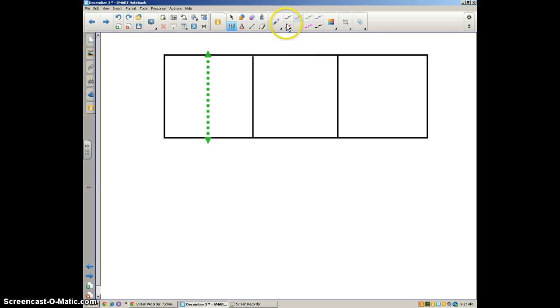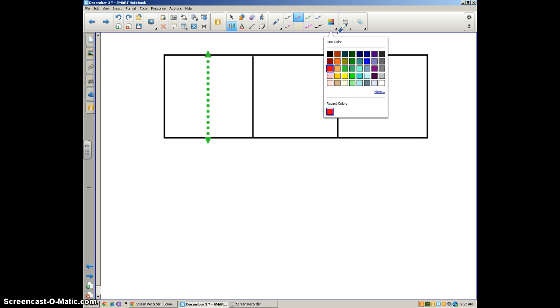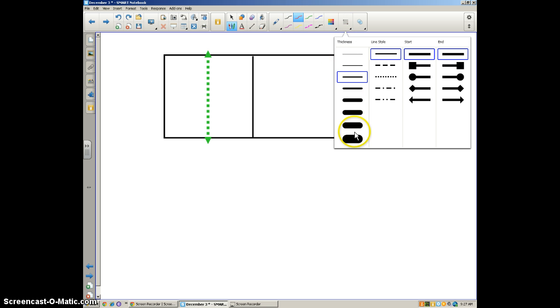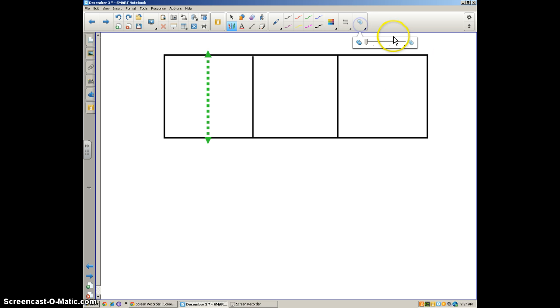And now we can see that I took this 1/3 and divided it into 2 equal parts. So this part right here would be my quotient. And when we look at this, it looks like, oh, we're talking about half.